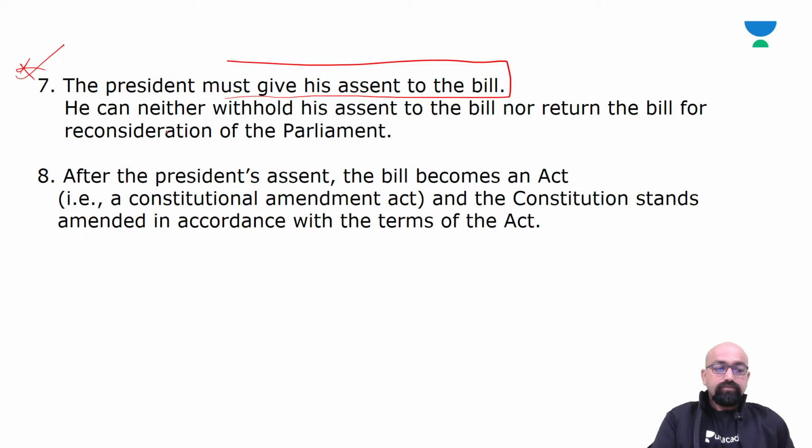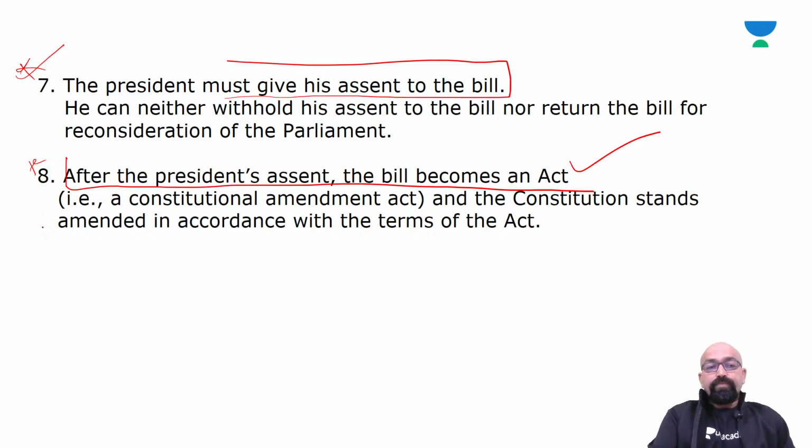Next, after the president's assent, the bill becomes an act. So dear friends, after this procedure and the president's assent, the bill becomes an act.